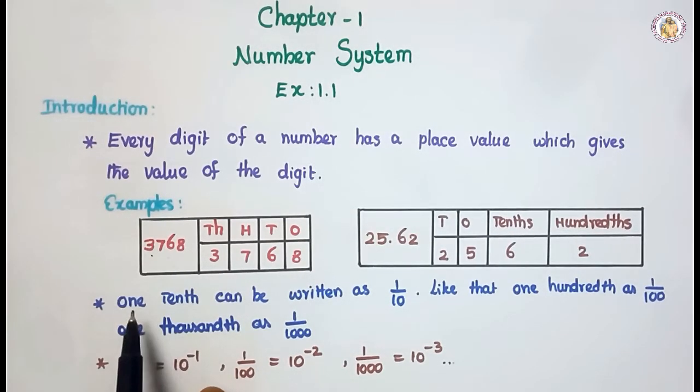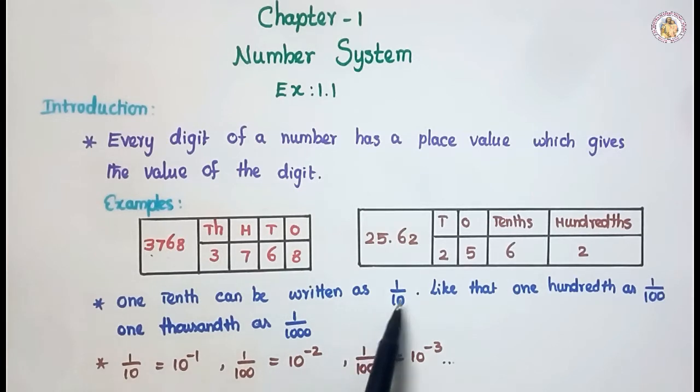Next, 1/10 can be written as 1 by 10, 1/100 as 1 by 100, 1/1000 as 1 by 1000. Like that, 1 by 10 equals 10 power minus 1. Listen here: 10 with nothing written means power 1. When it is in the denominator and we write it in the numerator, the power changes to a negative sign.